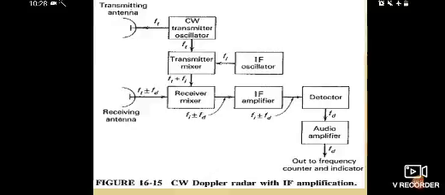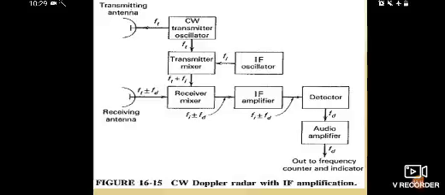Under the CW radar, the moving target is detected, but the stationary target is not, because it eliminates the echoes from the stationary targets. It is used to amplify the Doppler echo frequencies, that is FD, and the amplified Doppler frequency is displayed as the velocity of the target in our indicators. Okay, it can be shown in kilometers per hour.